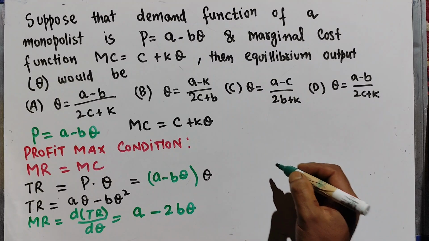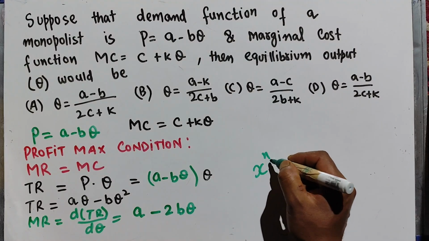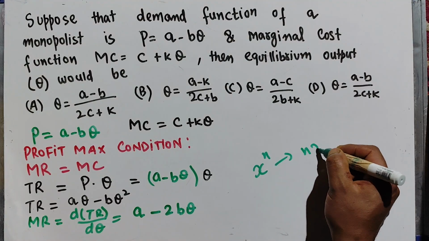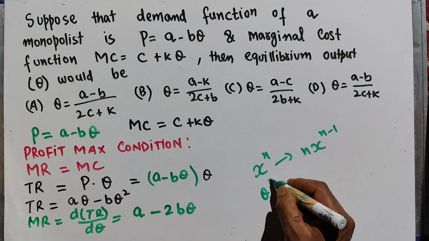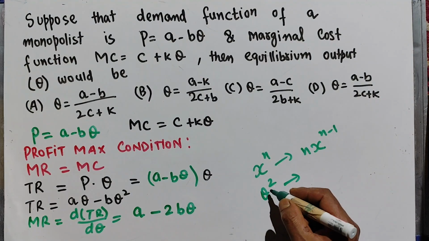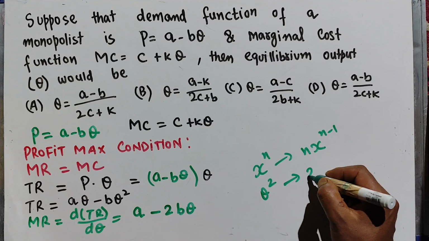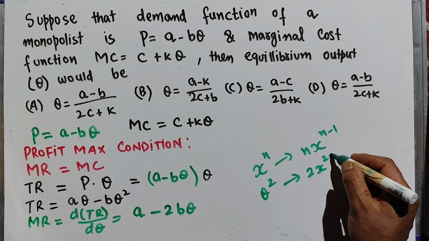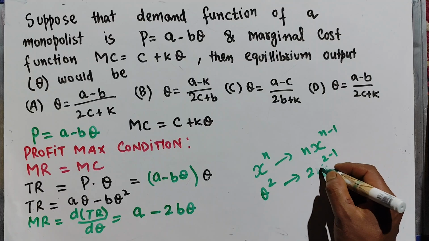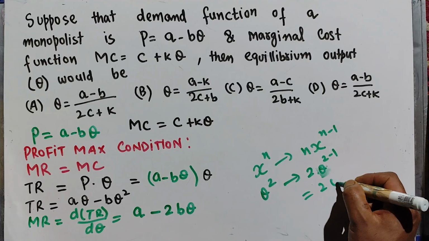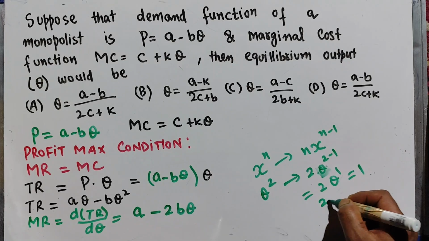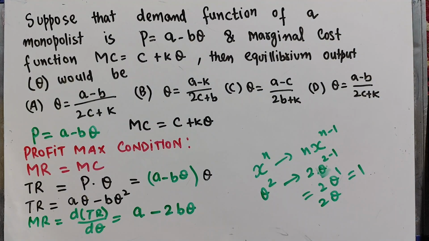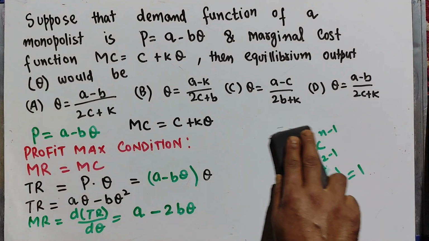By the power function rule, if we have x raised to the power n, its derivative is n times x raised to the power n minus 1. Since we have Q square, the exponent becomes the coefficient and the exponent is reduced by 1, so we get 2Q raised to the power 1, which is twice Q. Simple rules of calculus.